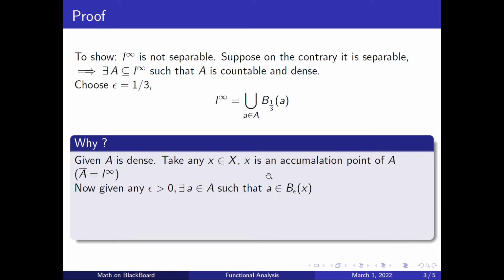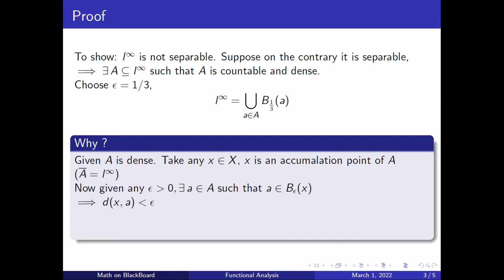Now since X is an accumulation point of capital A, it means that however small a neighborhood you take around X, you can always find some point in capital A, I'm calling it small a here, such that a belongs to that small neighborhood. Now if a belongs to this open ball of radius epsilon around X, it means that the distance between X and a is less than epsilon.